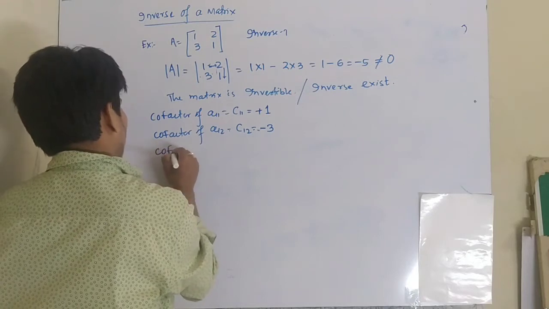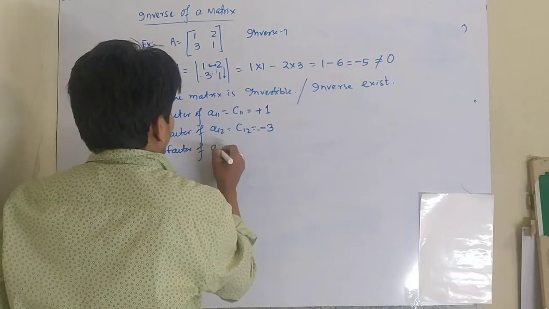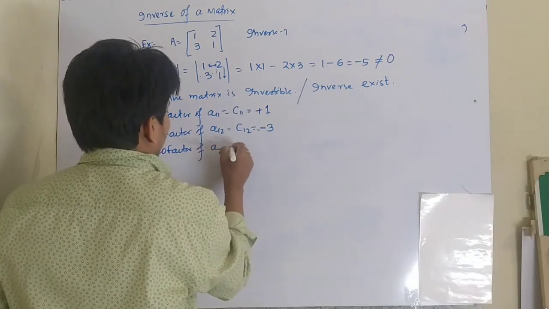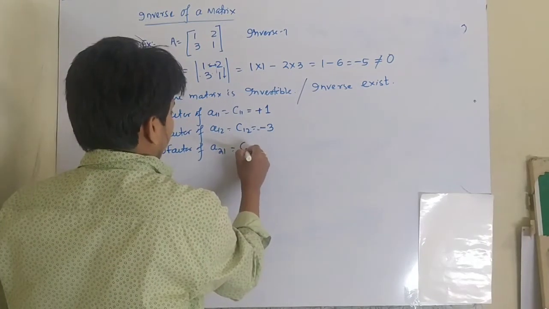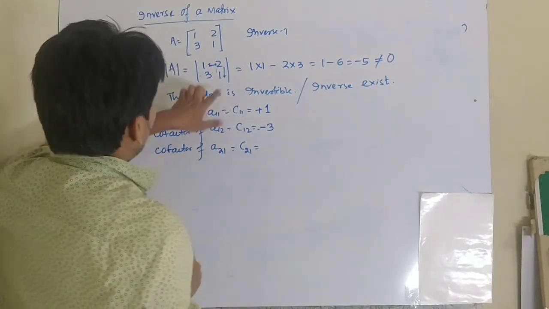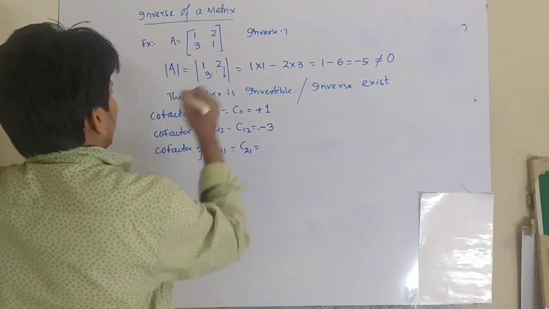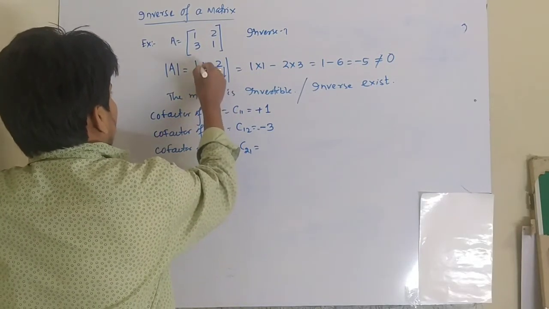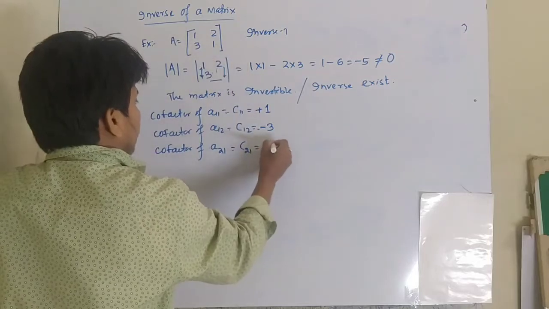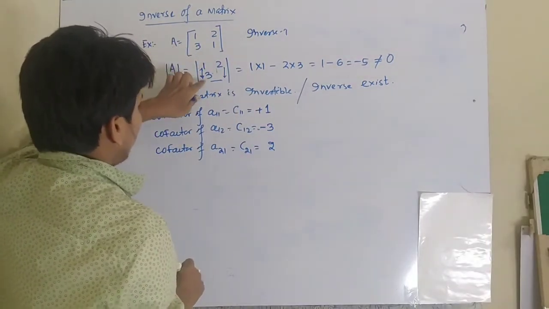Then the cofactor of A21, that is 3. For this, you have to leave this row and this column. Then only 2 is left. And what is the sign? This is plus, this is minus.